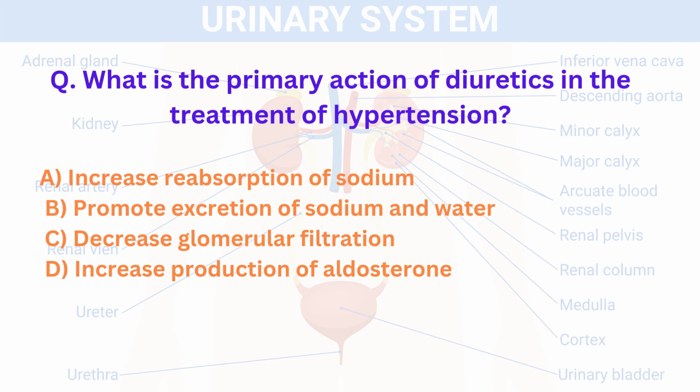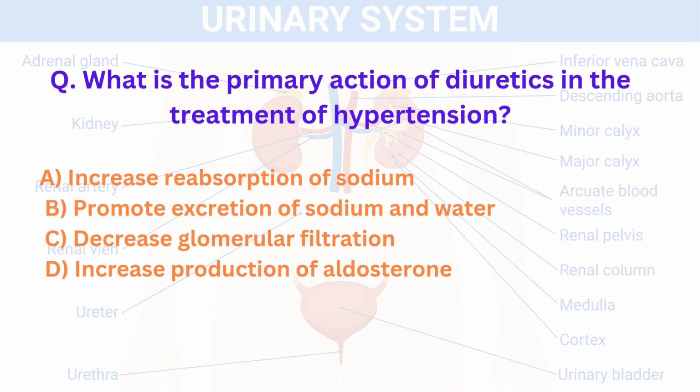Then second option, that is promote excretion of sodium and water. Diuretics work by increasing the excretion of sodium and water, reducing blood volume and lowering blood pressure. Then third option, that is decrease glomerular filtration. Diuretics do not primarily affect glomerular filtration, but they target the kidneys to enhance fluid excretion.